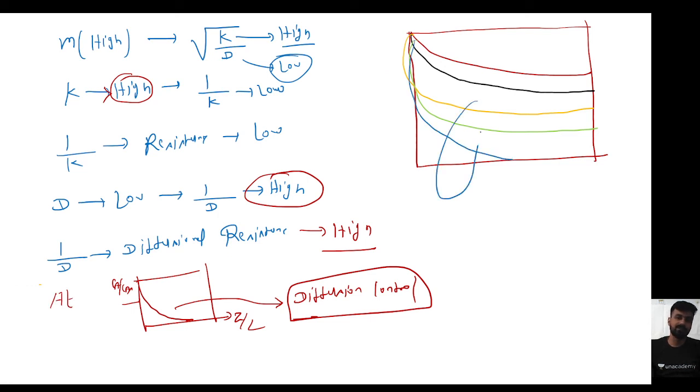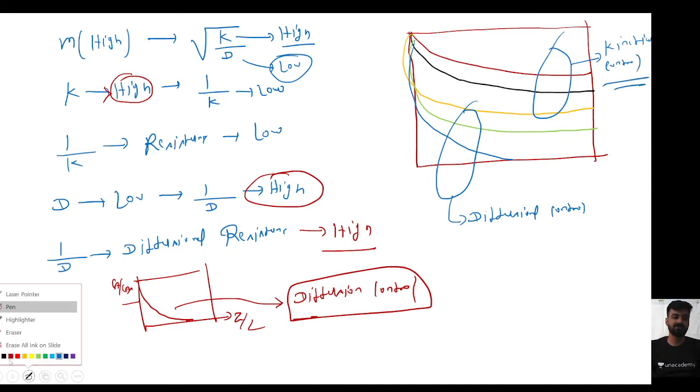So can I write this region is diffusional control? And this region is kinetically controlled region. Are you getting?